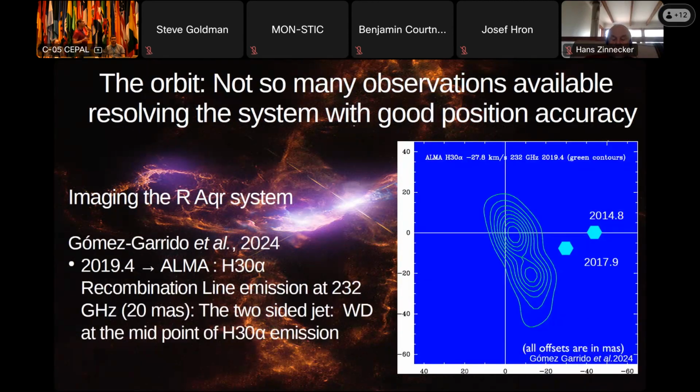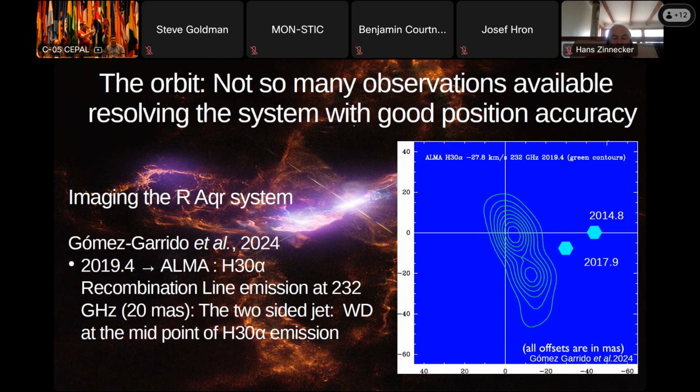Then we also have observations with ALMA that have been shortly presented by Miguel in his talk. At that epoch, we were close to the periastron, and it was very difficult to separate the Mira from the white dwarf because they were one in front of the other. So in the continuum, it was a nightmare.